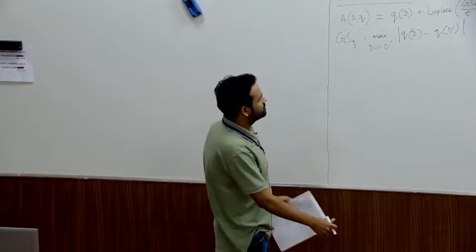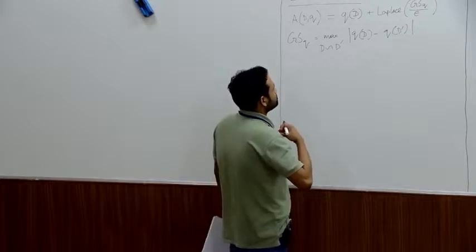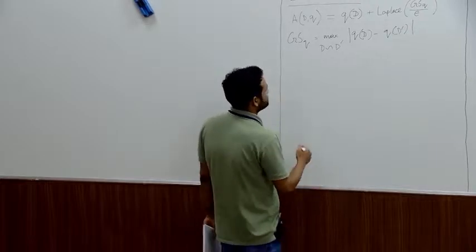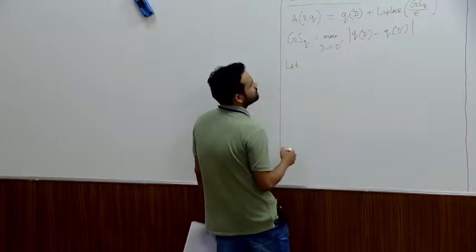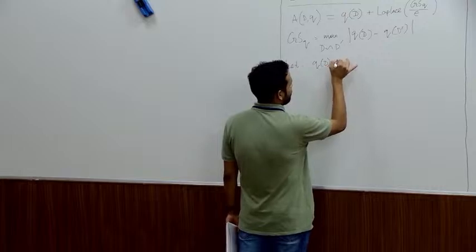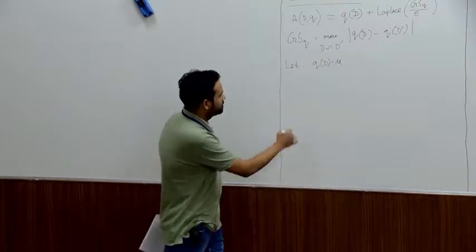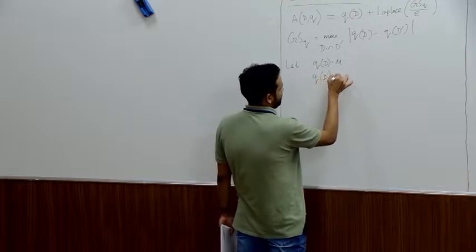Now we have to prove that this mechanism is private. First, let me introduce some notation. Let Q of D be mu and Q of D dash be mu dash.